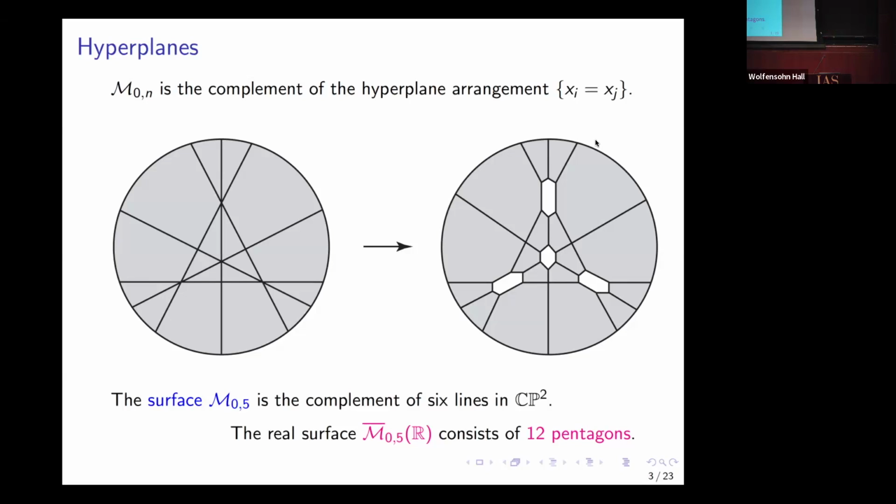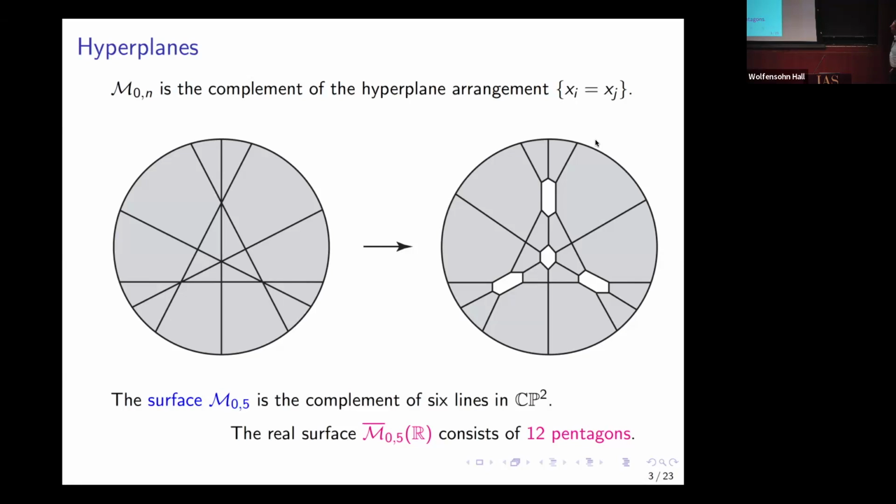Now there are 4 special points in this arrangement where we have triple intersections. And what mathematicians like to do is to replace these triple intersections by a blown-up situation where we only have 2 pairwise intersections. And this leads to the real surface, the surface M05 bar. And the real picture now is that there are 12 pentagons, right?